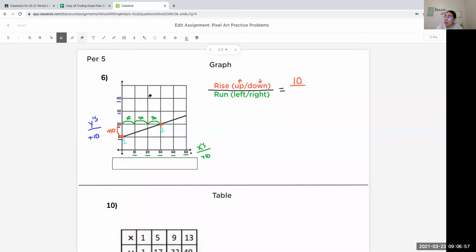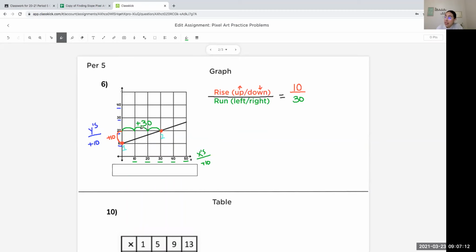Every time I would skip count by 10. So here we get a rise of 10 and a run of 30. And that is because of your scale here.